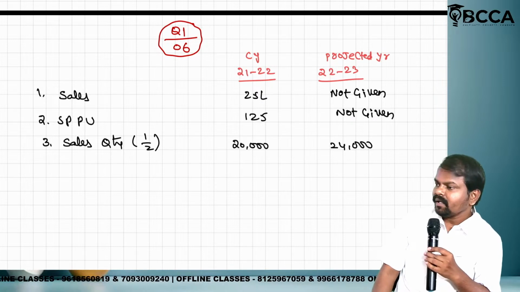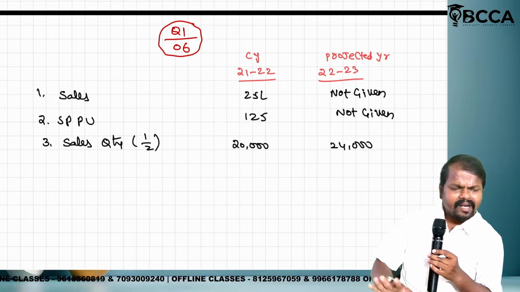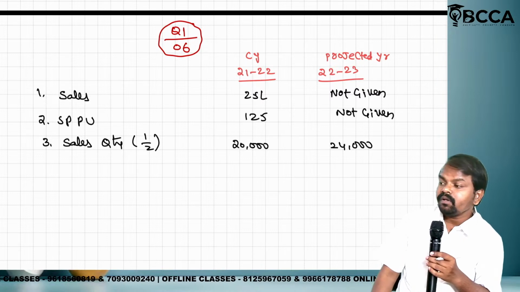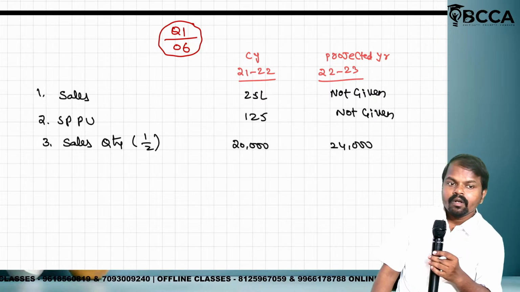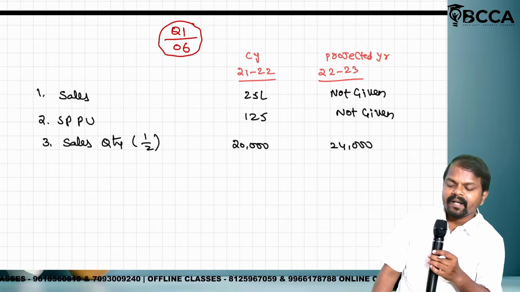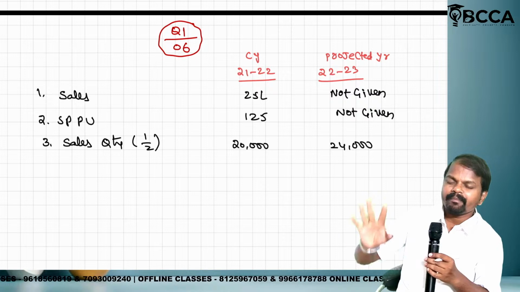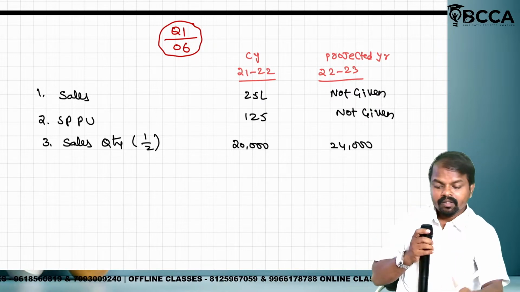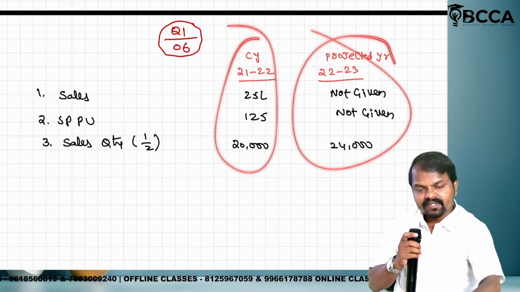You are not getting it? Very simple. 25 lakh is given, at 125 rupees per unit. How many units are sold? 20,000. 2022-23 as compared to 2021-22, or as compared to the previous year. This is the future year, this is the current year.